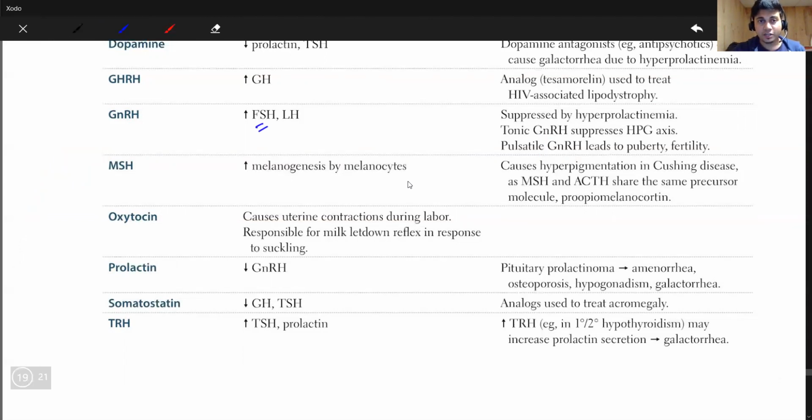So FSH and LH are controlled by GnRH. When this GnRH is released tonically or continuously, there is less release of FSH and LH. But when there is pulsatile release, that leads to more FSH and LH, that leads to puberty and fertility. Sorry, puberty and fertility, not infertility.